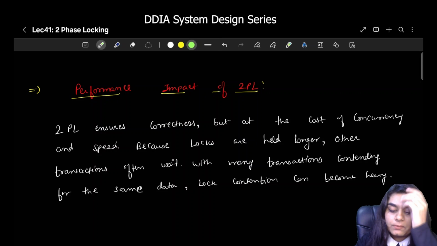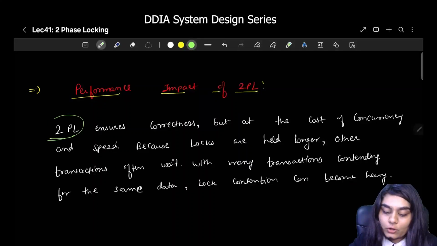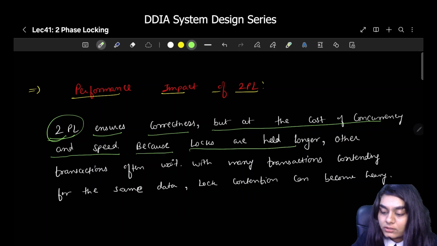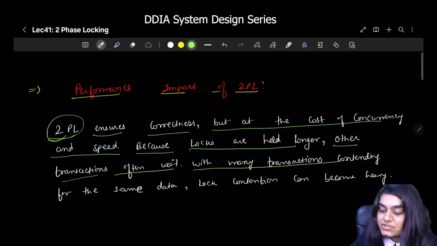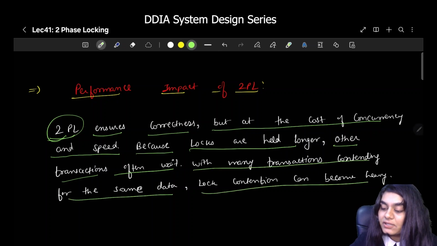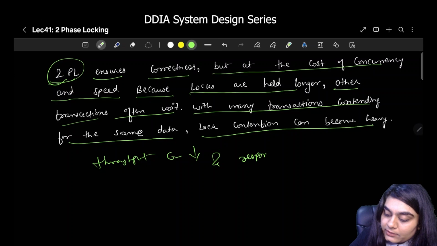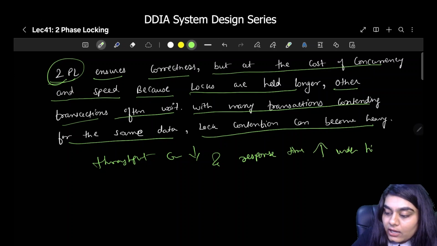Okay, so now let's talk about the performance impact of 2PL. 2PL, that is two-phase locking, ensures correctness but at the cost of concurrency and speed. Because locks are held longer, other transactions often wait. With many transactions contending for the same data, lock contention can become heavy. In practice, this means throughput can drop and response time can increase under high load.